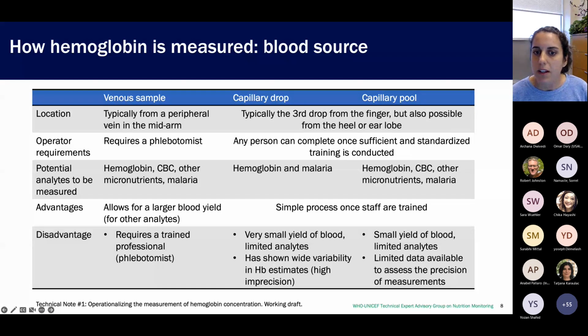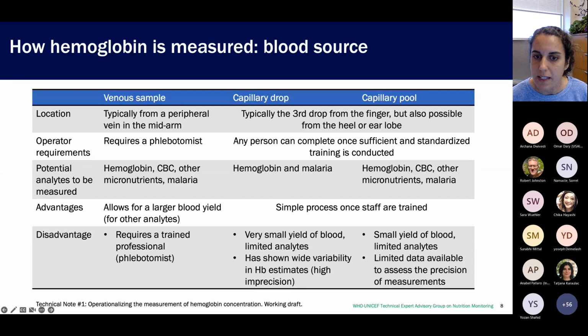Venous samples can measure more than just hemoglobin. With that sample, they can be used to measure different analytes, complete blood count, other micronutrients such as ferritin, and also malaria. Capillary drop can be used mostly to measure hemoglobin. If there's enough, it can also be used to measure malaria. And for pooled samples, this is usually enough to measure other analytes besides hemoglobin.